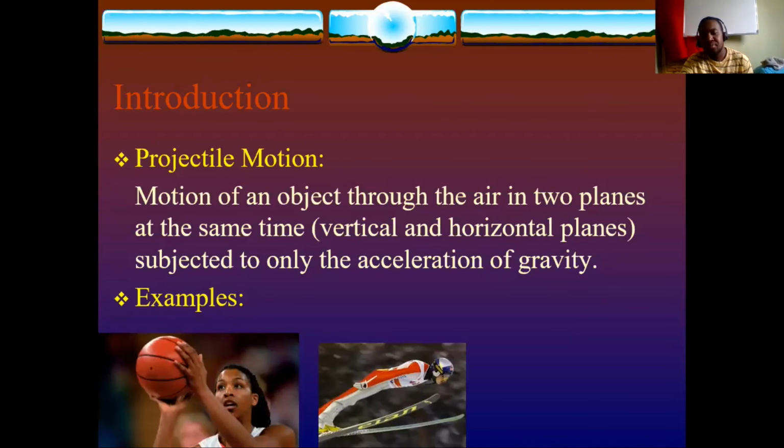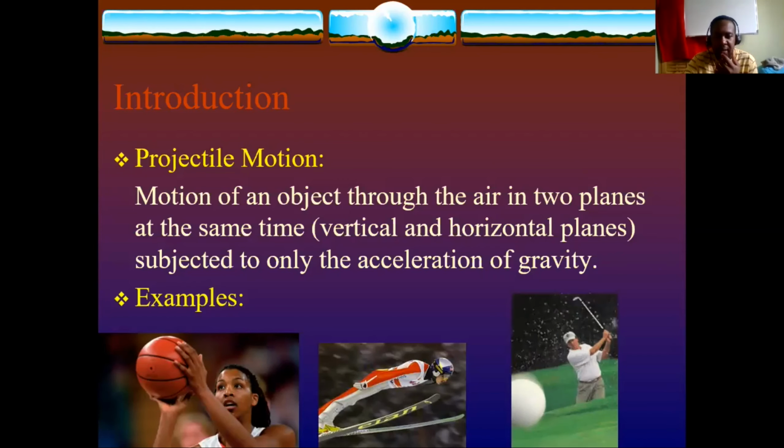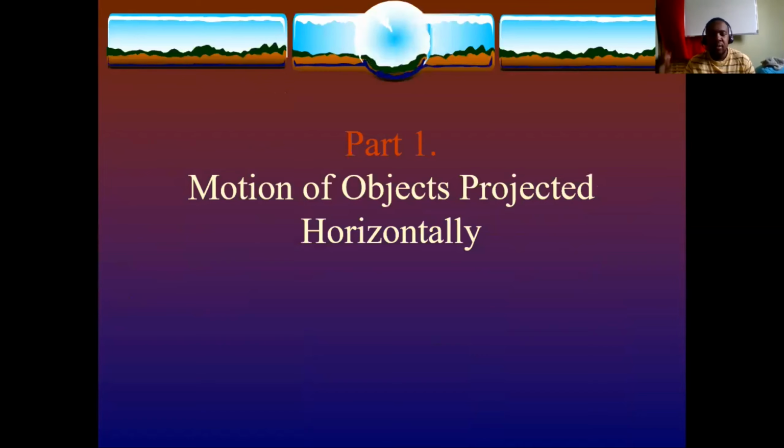Examples include shooting a basketball and playing golf. In all those cases, objects go up to a maximum and then fall back down, in both planes. Now, we have different ways in which objects can move in projectile motion.